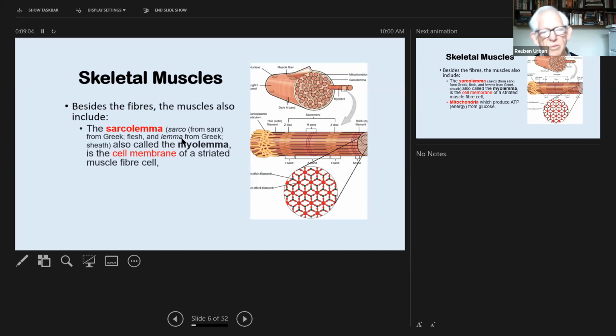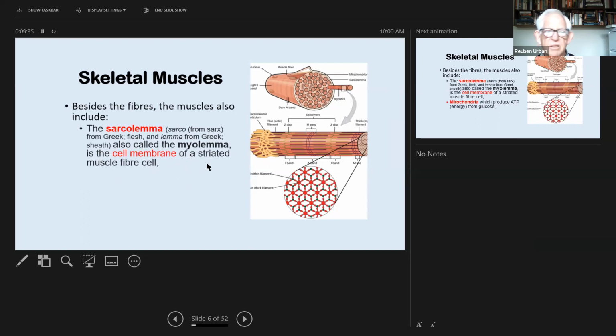Now, this word comes from the Greek sarx for flesh and lemma for the sheath. So if you ever have some raw meat, even chicken breast, for example, you see the sheaths, the layers of membrane around, and they're called the sarcolemma.